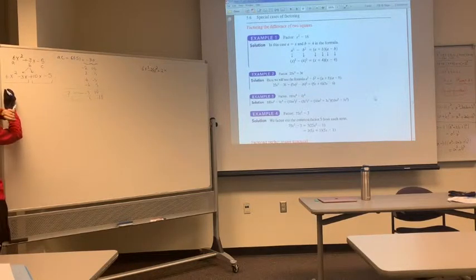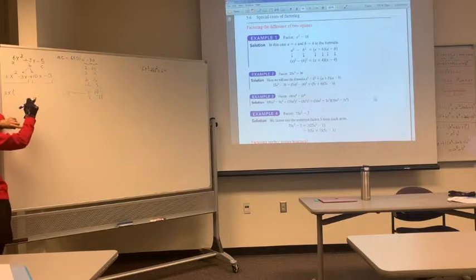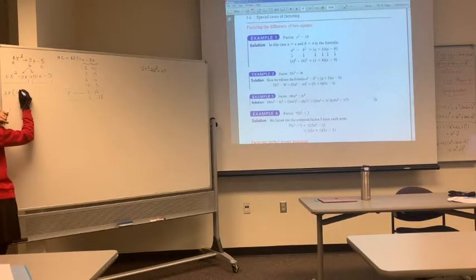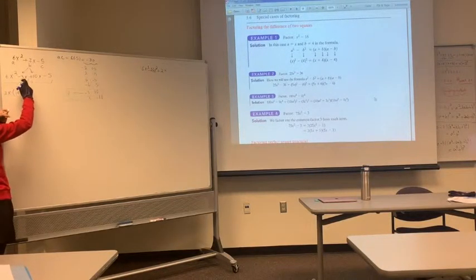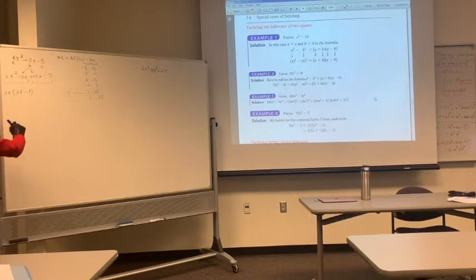So we bring out the common factor. What is the common factor between these two? 3x. If we divide this by 3x, what remains? 2x. Divide this by 3x, negative 1. Correct?